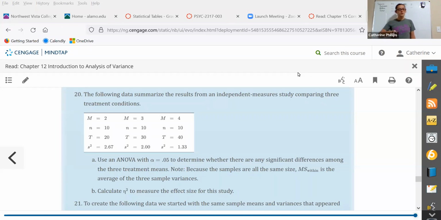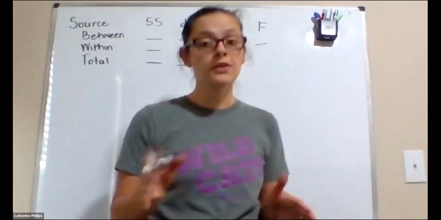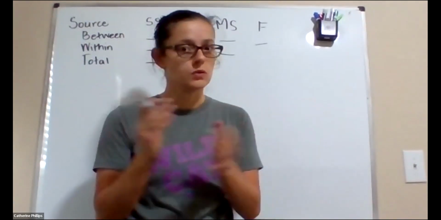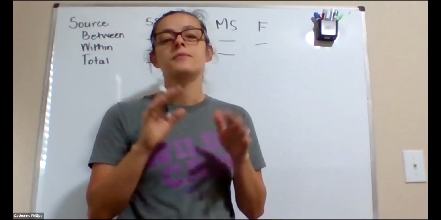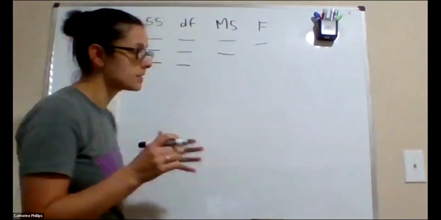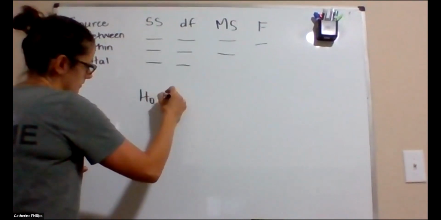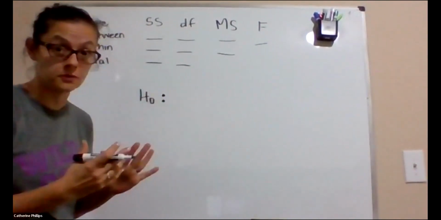What we're going to do first is step 1 of the hypothesis testing procedure. So we're going to go through that process first. With an Anova, there is no one-tailed, two-tailed situation. And beyond that, your null hypothesis, as always, is that there is no difference.